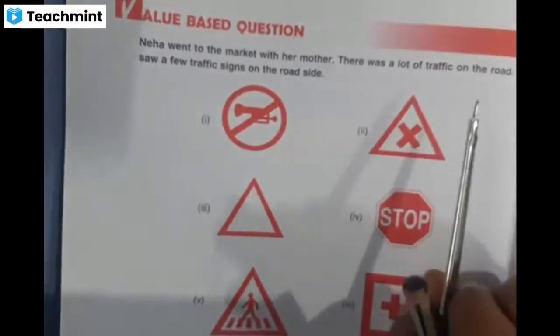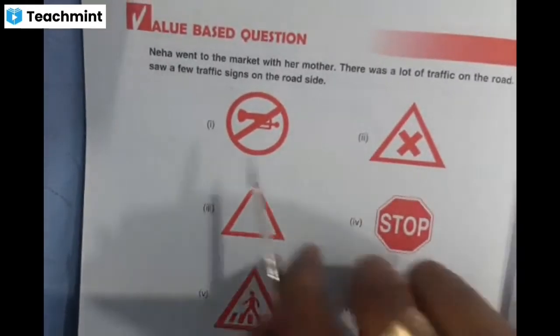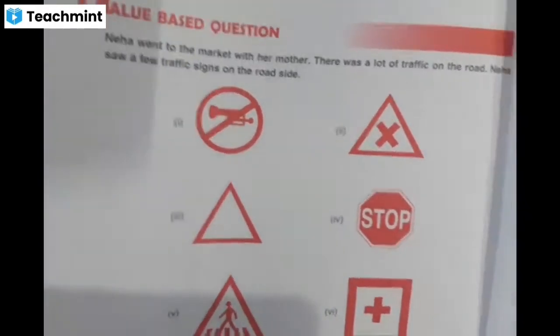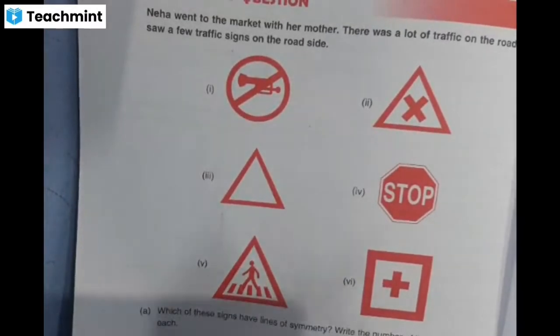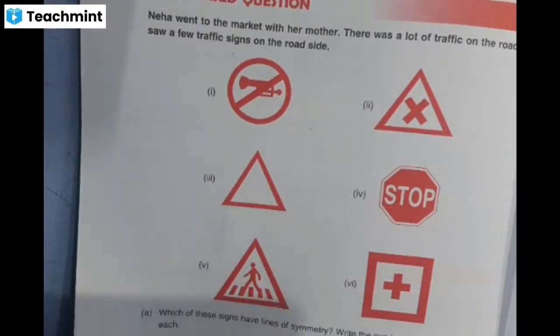And there was a lot of traffic on the road, children. Then, Neha saw some traffic signs on the right side of the road or somewhere on the roadside. Therefore, you also will have passed on the roadside, children. You will be seeing some traffic signals on the roadside.